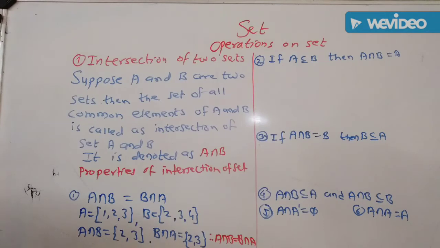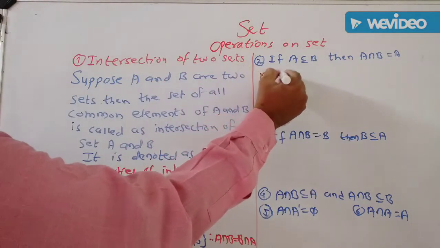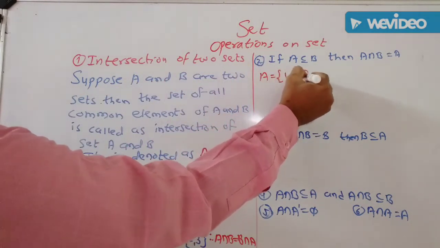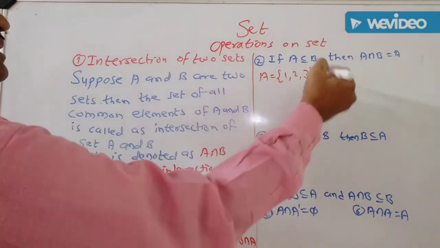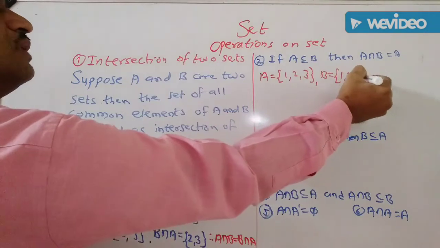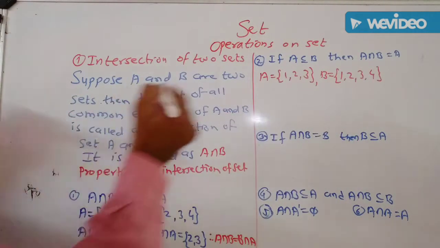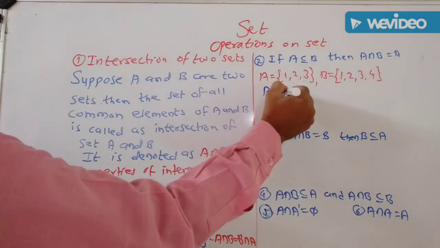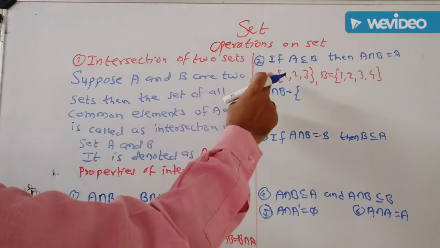Next, if A is a subset of B, then A intersection B is equal to A. Suppose we take A as {1, 2, 3} and B as {1, 2, 3, 4}. Then we take A intersection B, the set of all the common elements between these two sets.